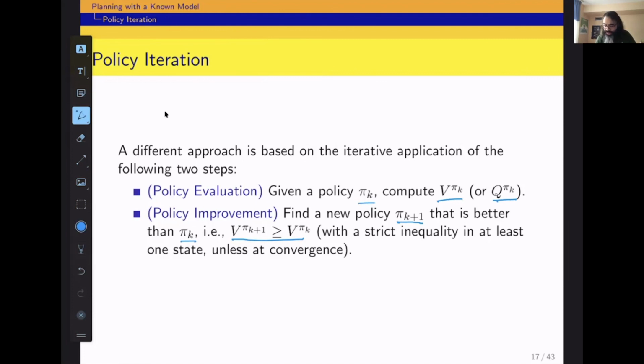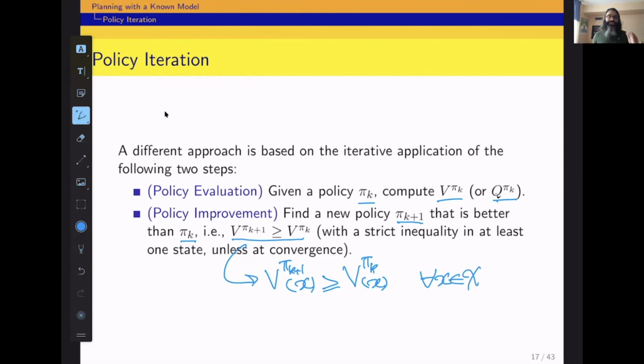And remember that this was pointwise. So this entails that V of pi k plus 1 at each state in the state space should be greater or equal to the value of the previous policy.